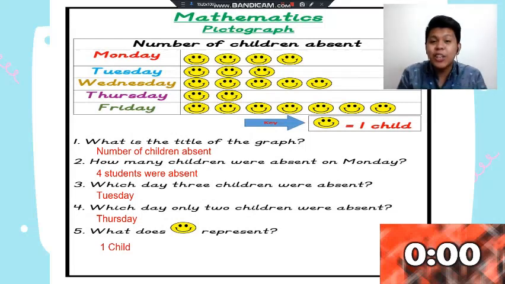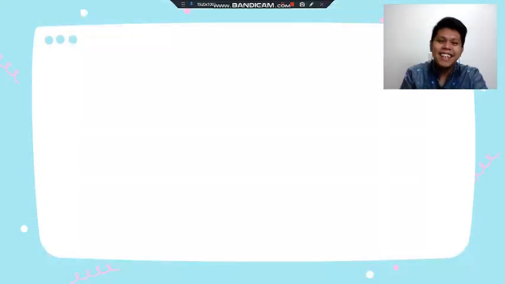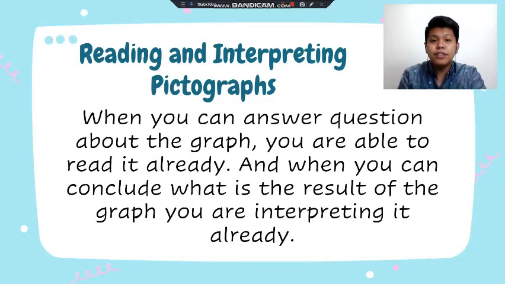That is the interpretation of this graph. So class, reading and interpreting pictographs: when you can answer questions about the graph, you are able to read it already. And when you can conclude what is the result of the graph, you are interpreting it already.